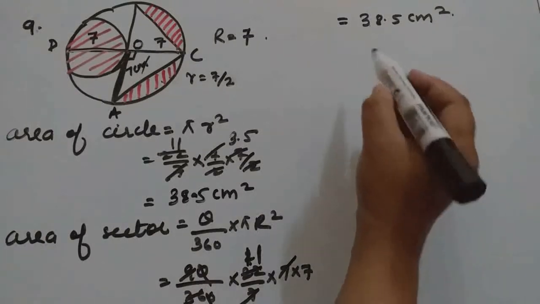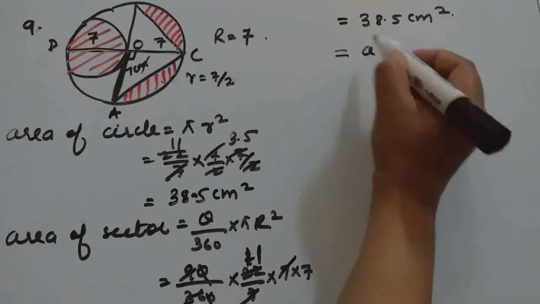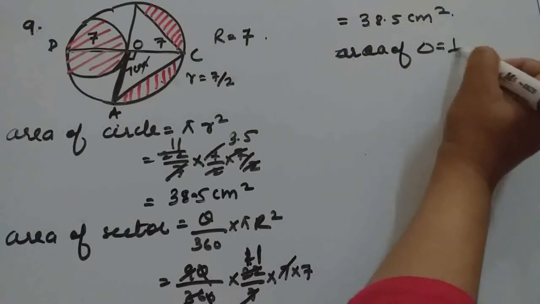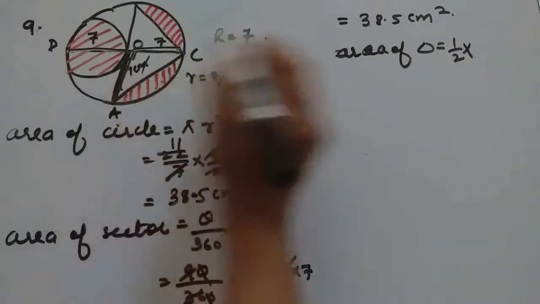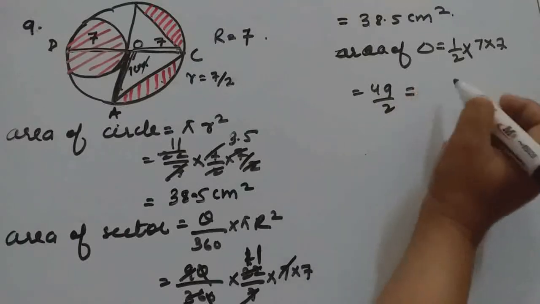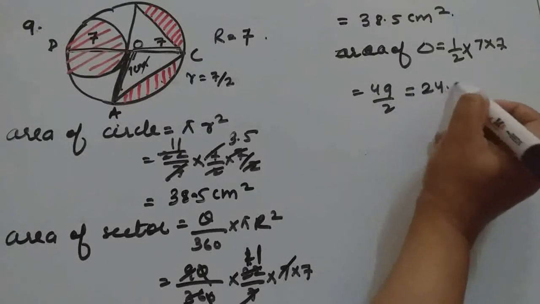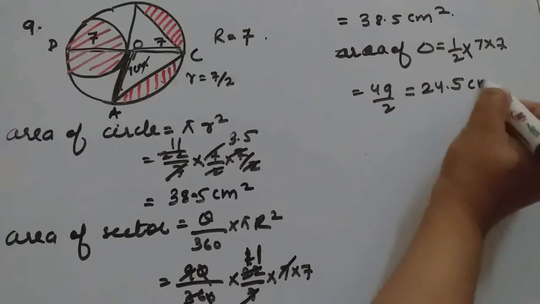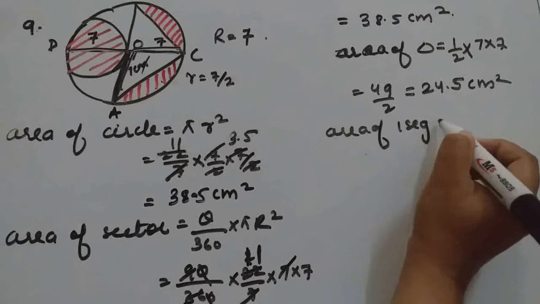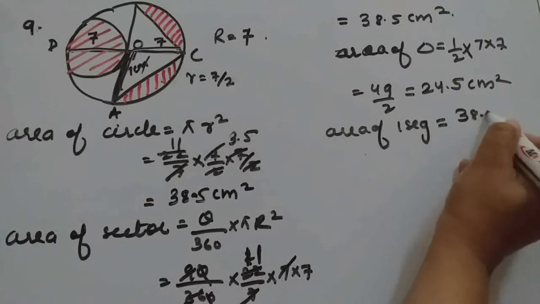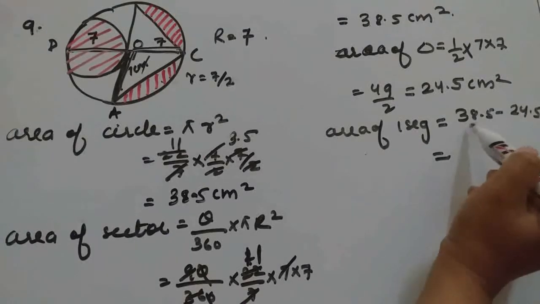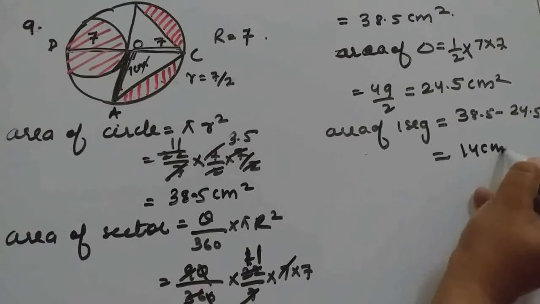Now the area of the triangle. So half into base into height, which are both the same. So 49 by 2, so that will be 24.5. So the area of one segment will be 38.5 minus 24.5, which will be 14 centimeter square.